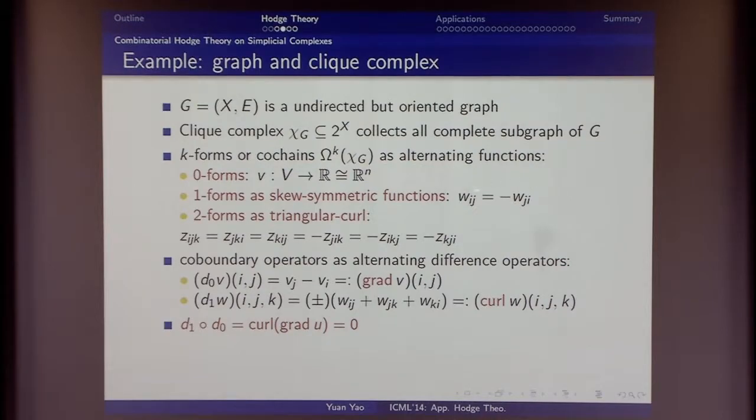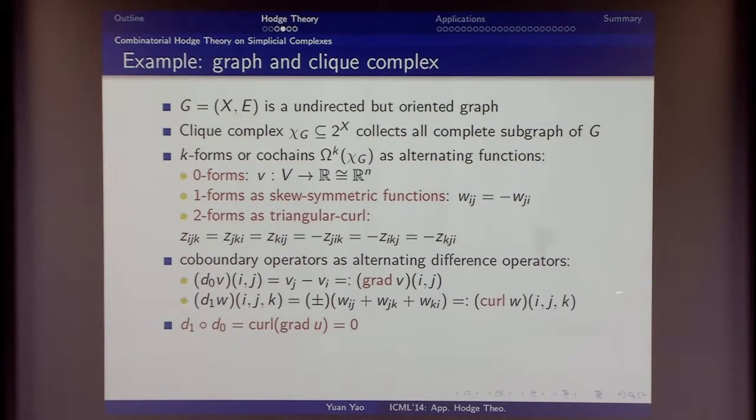Then with k-forms, you can define something like that. For a 0-form, basically it's a function on the vertex set. For a 1-form, it's a skew-symmetric function defined on pairwise vertices, on the oriented edges. And for 2-forms, basically on triangles, they satisfy this kind of alternating symmetry. Then you define the function on the oriented triangles.